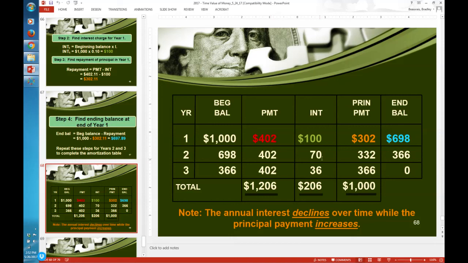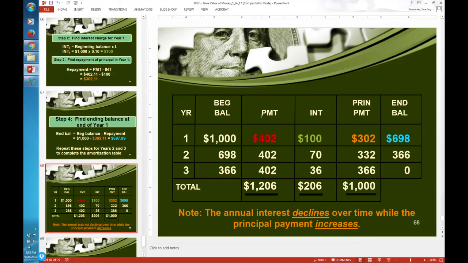The interest would be $69.80, rounded up here to 70. I'm able to then pay a little bit more towards principal, so you'll see that amount goes up during the life of the loan. After I take $698 minus my principal payment of $332, I end up with $366, which becomes my beginning balance in year 3, and I repeat the process until we get to 0.